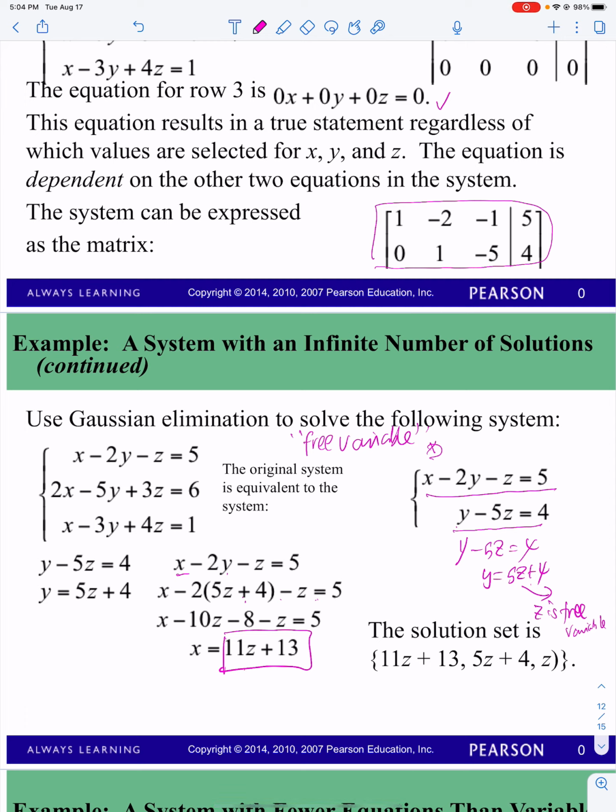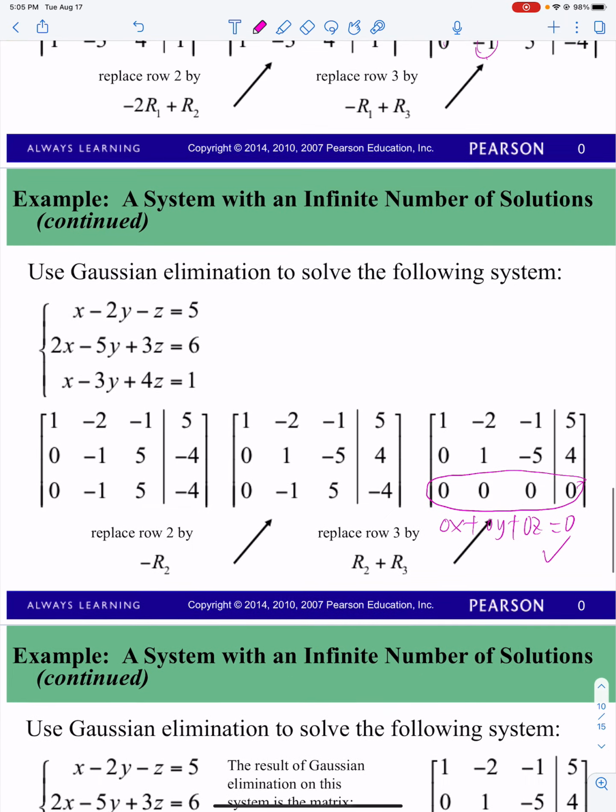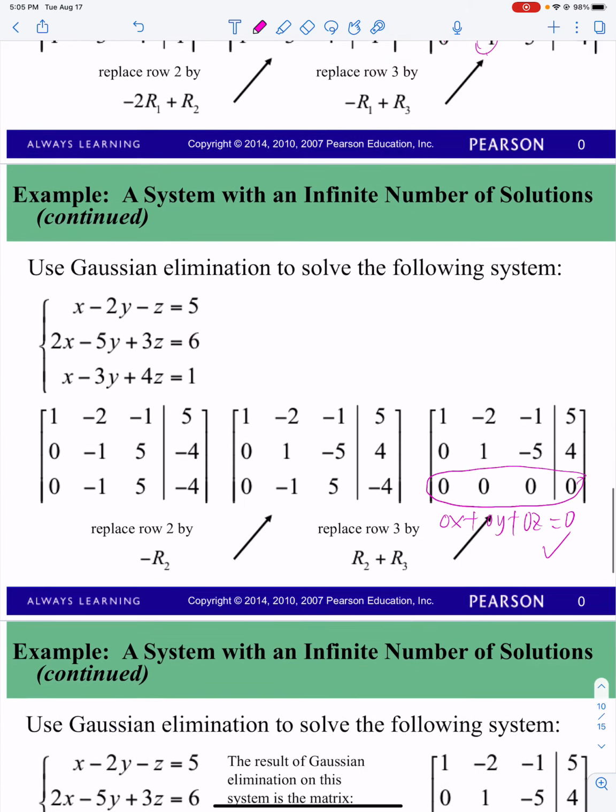So x will be 11z plus 13, y equals 5z plus 4, and z is z. This is why you call it a dependent system, where one variable is a free variable.